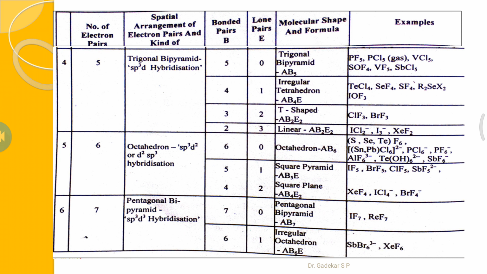There are 2 situations. 7 bond pairs and 0 lone pairs form a pentagonal bipyramidal shape, IF7. If 6 bond pairs and 1 lone pair are present, the shape is irregular octahedron. Example: SbBr6 3- or xenon hexafluoride. It is an irregular octahedron shape of molecule.